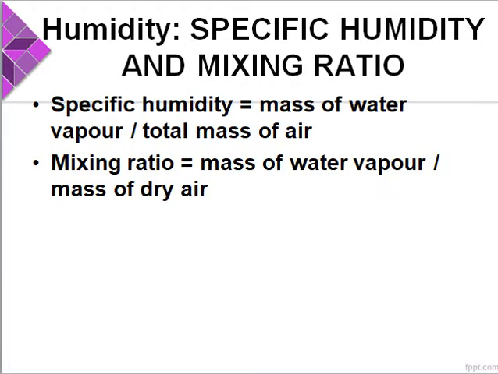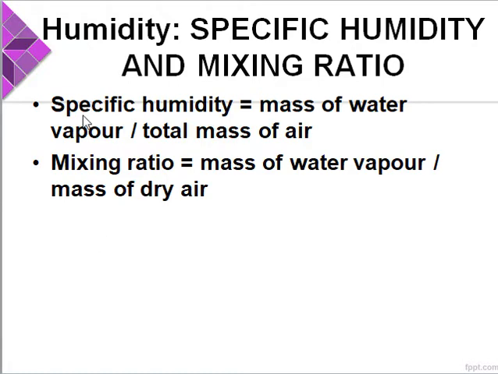Humidity, however, can be expressed in ways that are not influenced by changes in air volume. When the mass of the water vapor in the air parcel is compared with the mass of all the air in the parcel, including, of course, the vapor, the result is called specific humidity.